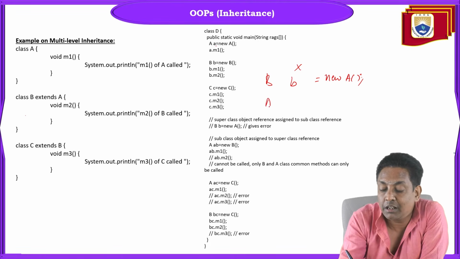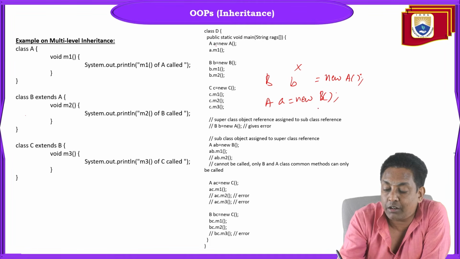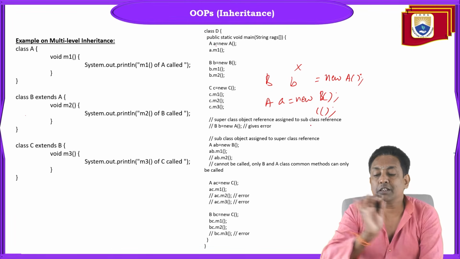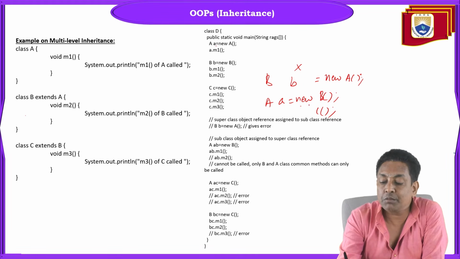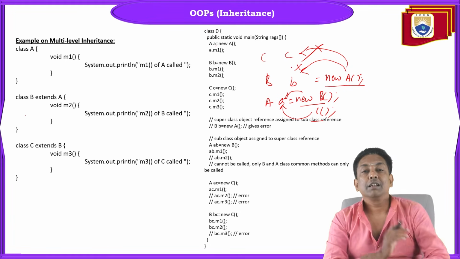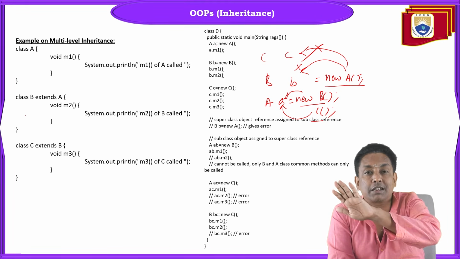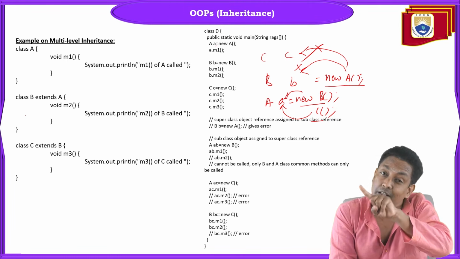That means A = new B() or new C(), either one is correct. A B class object can be created and its reference taken into A. A C class object can be created and its reference taken into A. But an A class object cannot be created and taken into B or C references. This is absolutely wrong. Superclass objects cannot be assigned to child class references. Child class objects can be assigned to superclass references.